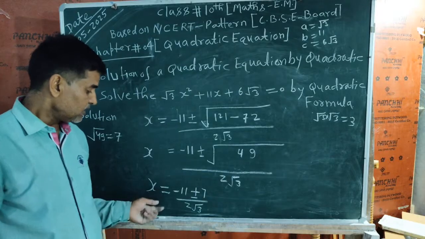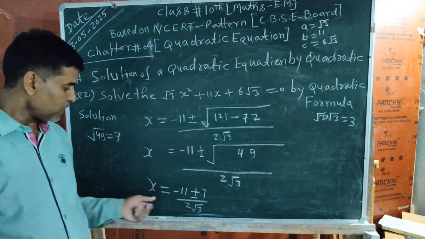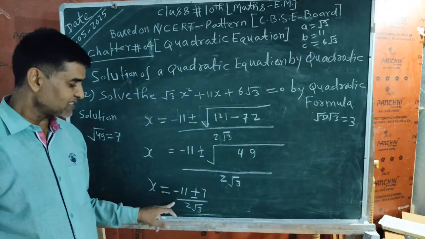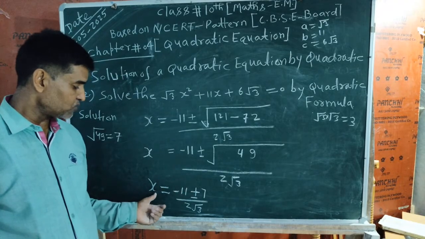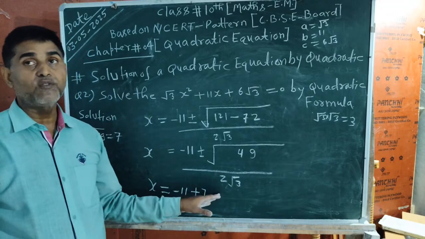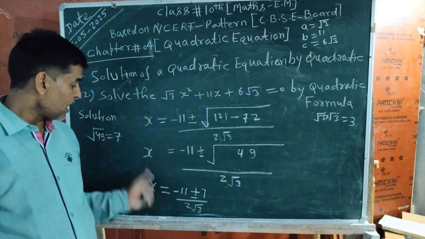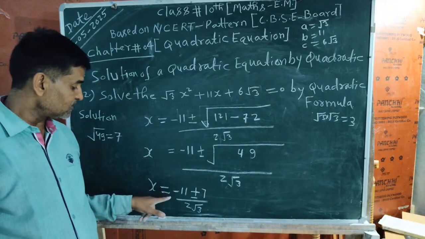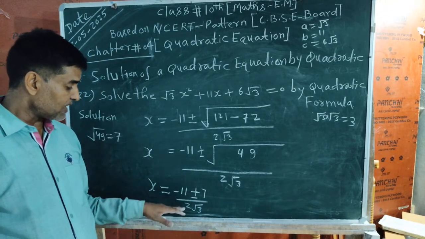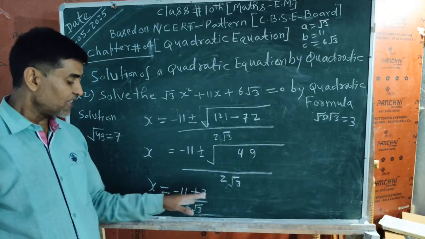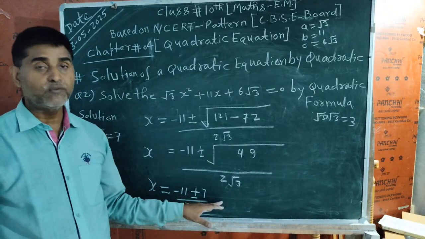Now in one step, when we are taking the plus sign, corresponding to the plus sign I will get the value of x1, and that will be the value of alpha. And in the second step, when we are taking the minus sign, we will get another value. That value will be the value of beta.